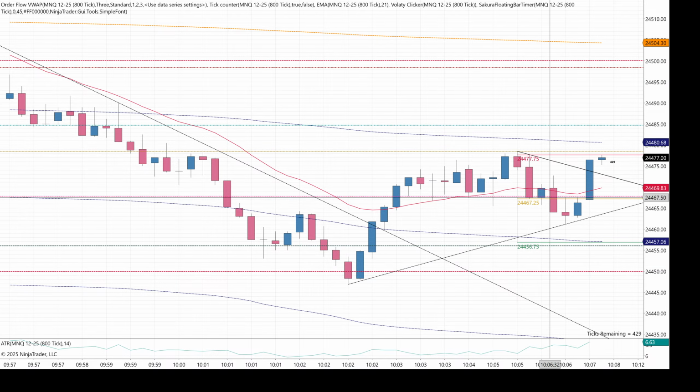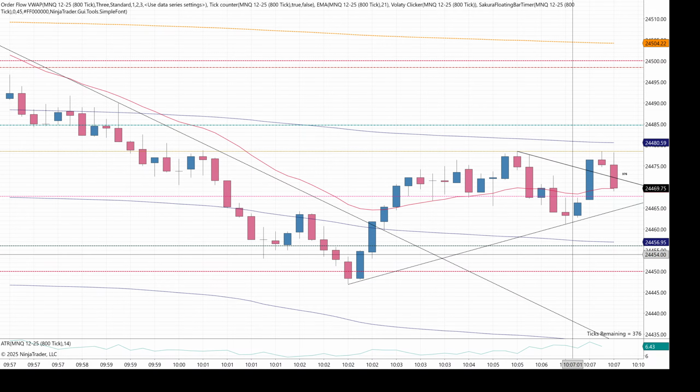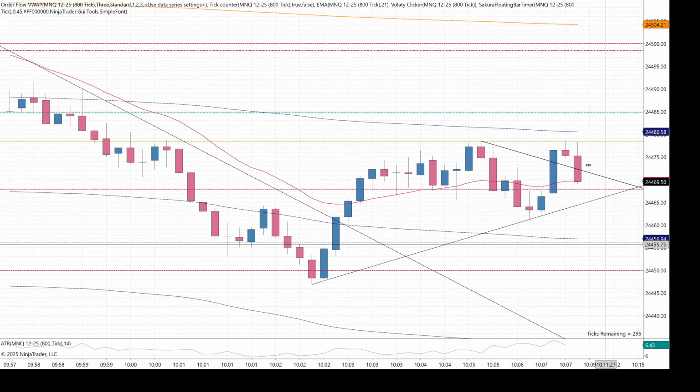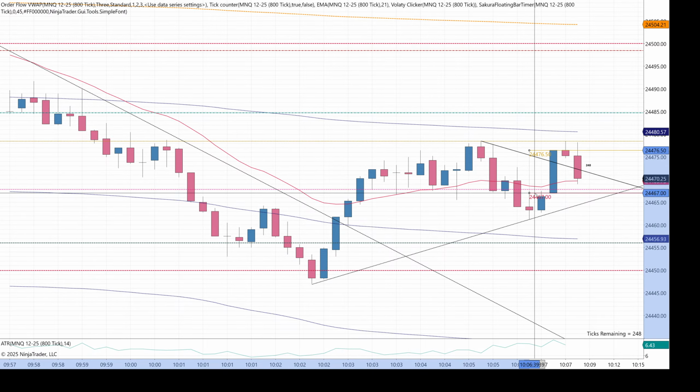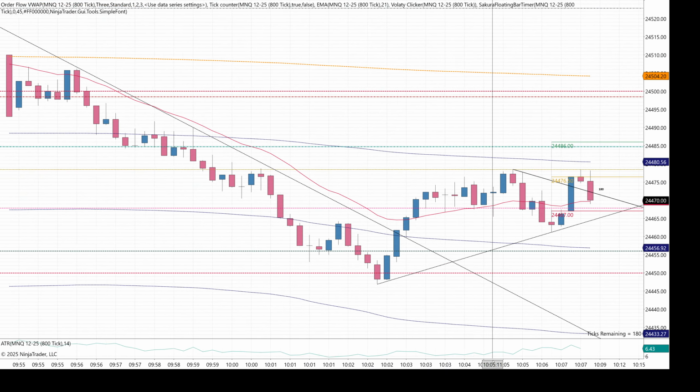It stinks that we've gotten stopped out twice only for the move to work. It happens, just gotta shake it off. Now you also have this trigger higher, but you got a lot of resistance overhead now.